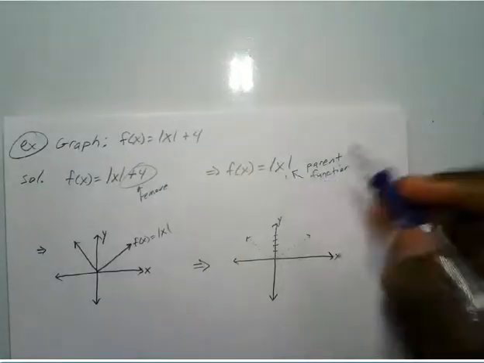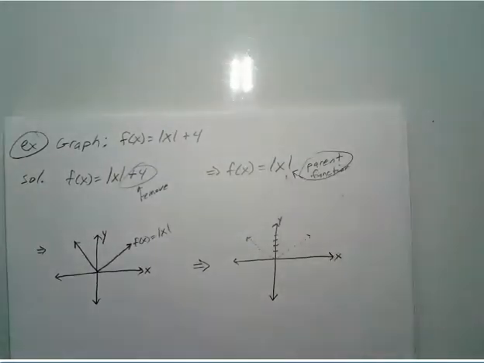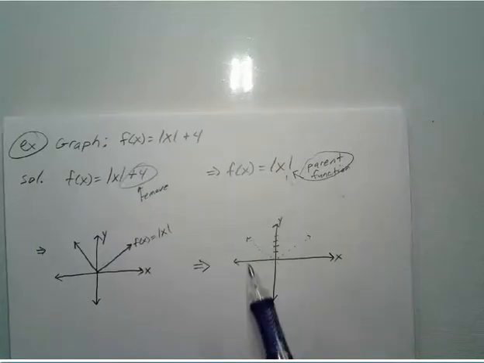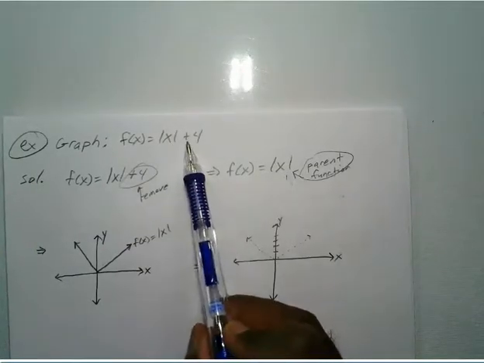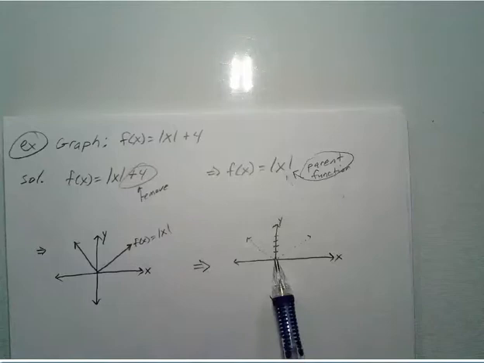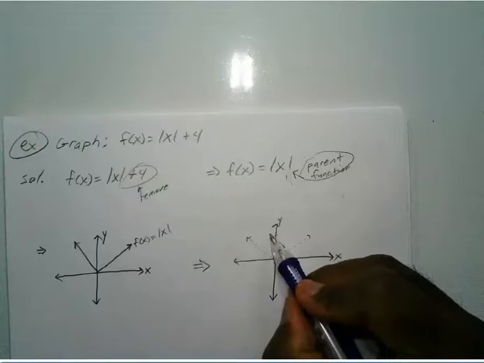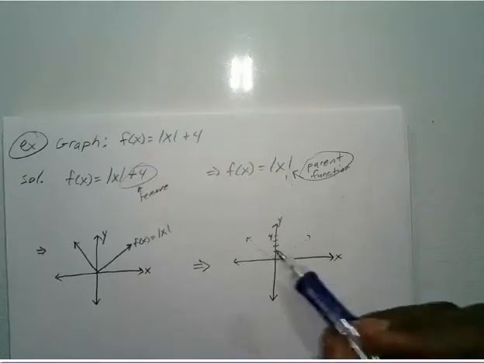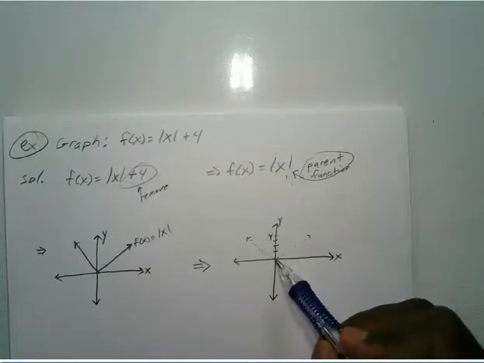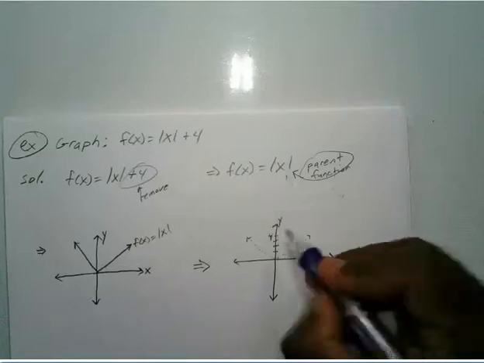This is your parent function, a little circle around that. Okay, so we get our parent function, and since this is absolute value of x plus 4, we're going to get that and move it up 4 spaces. So this is our 4 here. Okay, so that means we get this whole graph and shift it 1, 2, 3, 4 up.